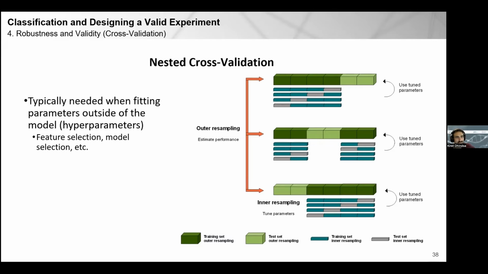This could be, for example, in the support vector machine, there's a hyperparameter C that is related to how much you want to emphasize the maximization of the margin versus how much you want to prioritize the maximization of the classification accuracy on the training data. So this is a hyperparameter of the model.